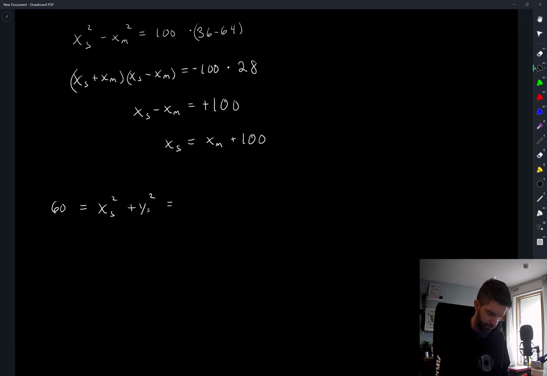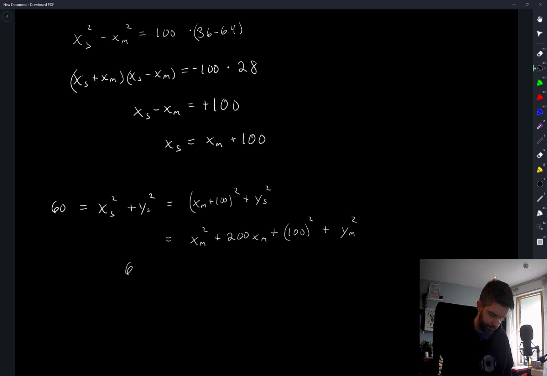So this is xm plus 100 squared plus ys squared. Squared plus 200xm plus 100 squared plus ys is ym. Xm plus ym both squared.